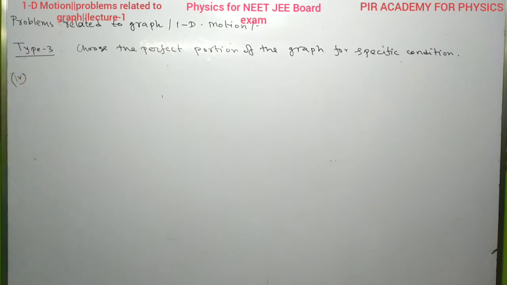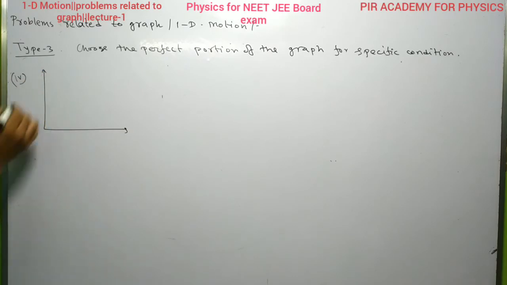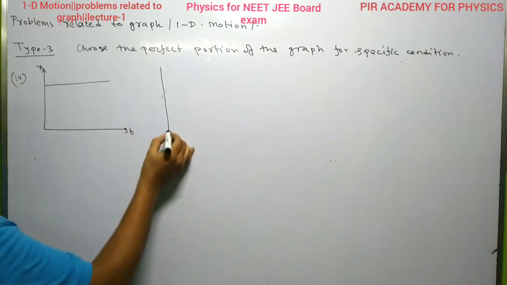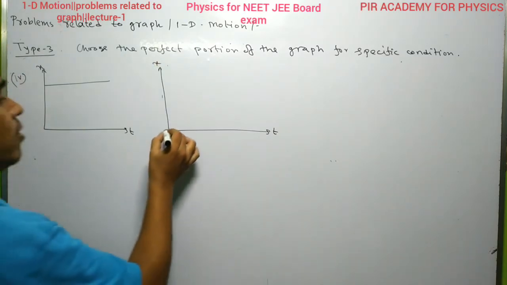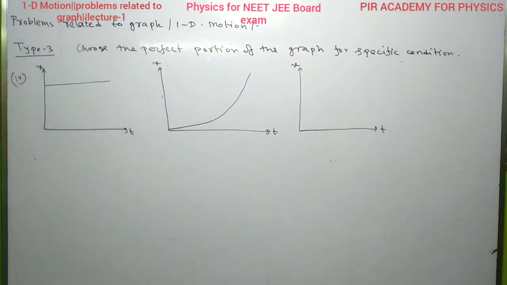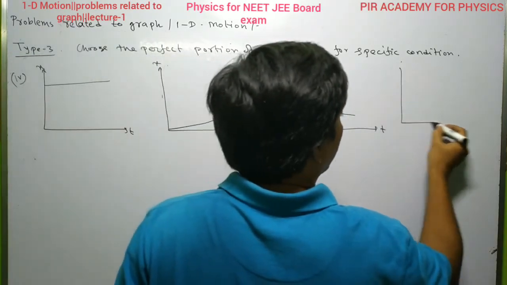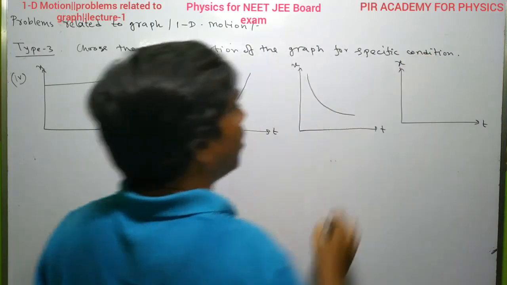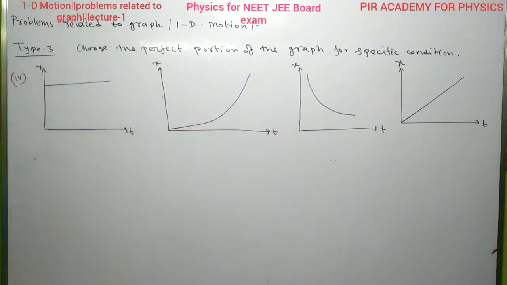If I draw an xt graph like this, one graph is along this direction, here x and here t, and another graph I draw like this. So you have to find a uniform motion.